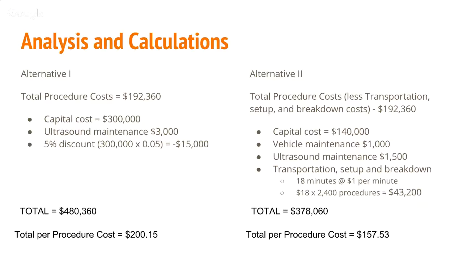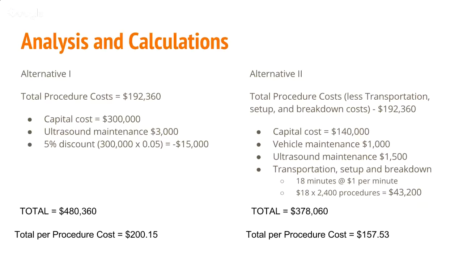For alternative 2, we still have the total procedure cost of $192,360. This time we have the capital cost of $140,000, which is a sum of $100,000 for the ultrasound machine and $40,000 for the van. The vehicle has yearly maintenance of $100, and the ultrasound in alternative 2 has yearly maintenance of $1,500 due to the wear and tear. Alternative 2 also has transportation, setup, and breakdown costs.